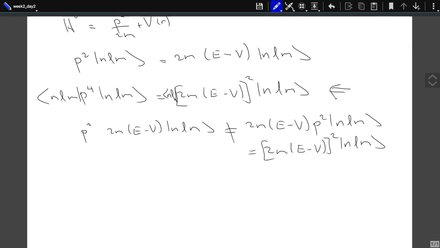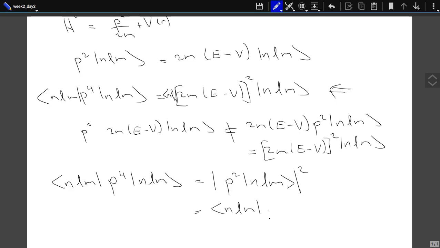But we can also write this matrix element, p to the 4 between nlm, as nothing but the norm squared of p squared nlm. Or we can think of it as <nlm| p squared acting on the left, p squared |nlm> acting on the right.